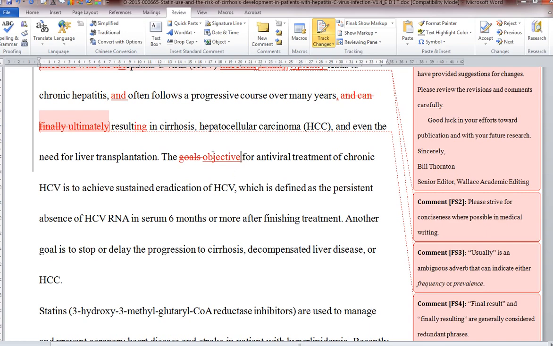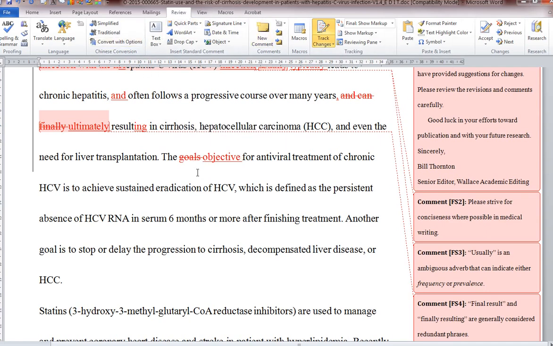Okay, so I have here, I've got the objective for and is, they agree. And then just to double check, we've got to achieve sustained eradication of HCV. Okay, this is 1, 1, 1. It's critical in editing to make sure everything matches, everything fits. Now, goal, there's a good chance the author used that again.